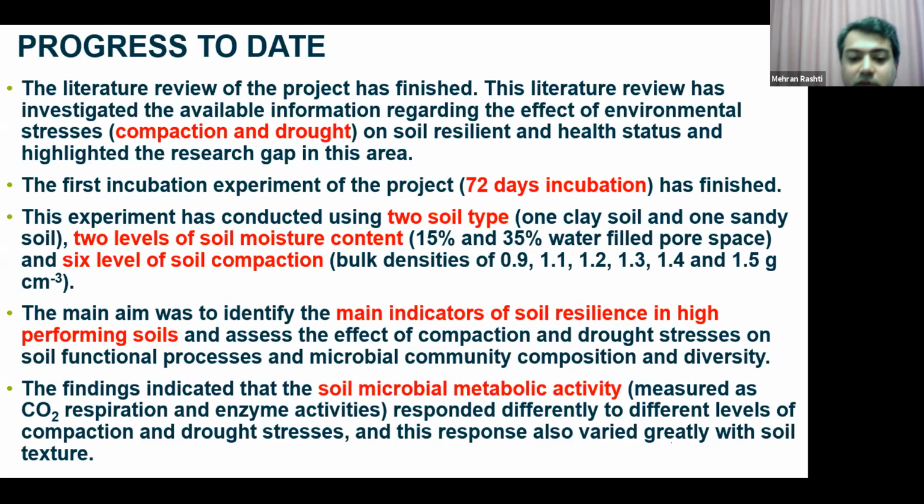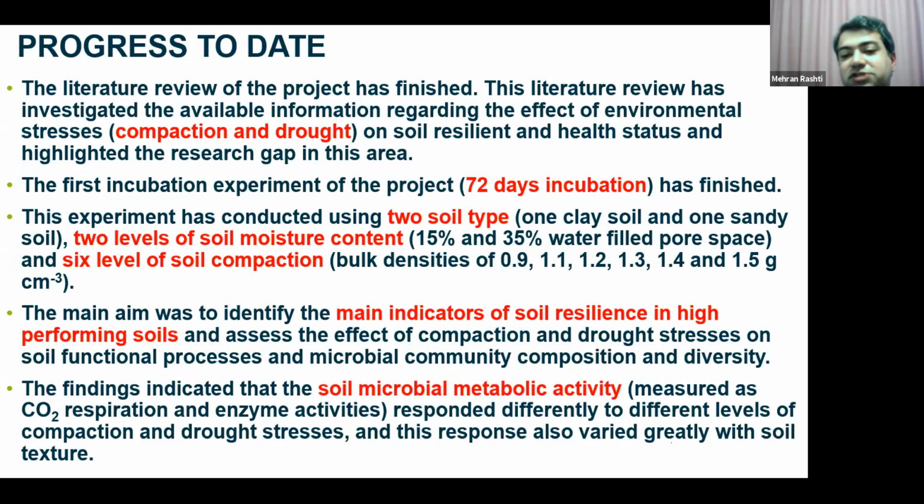So when we're looking at metabolic activity, we're looking at the relationship between the amount of enzyme they produce and the amount of CO2 they respire, relative to the body mass that they have.